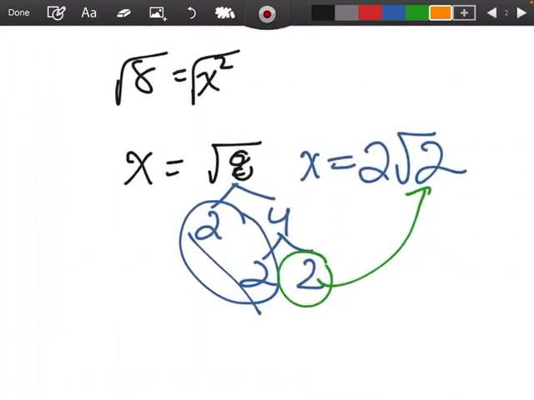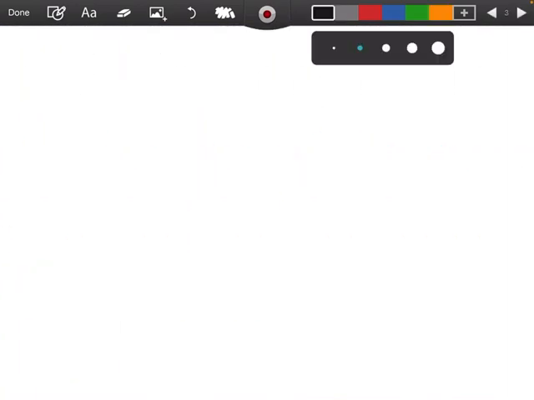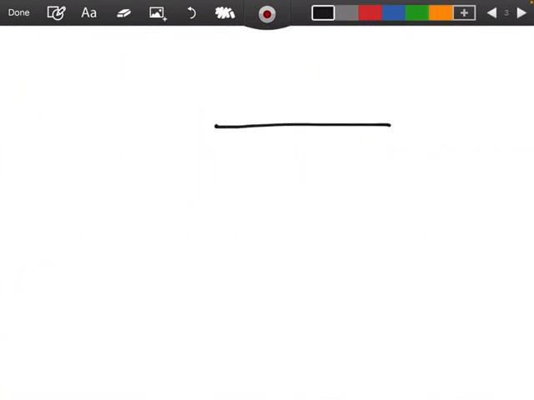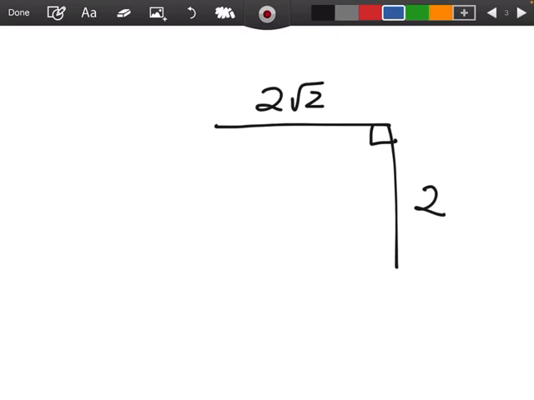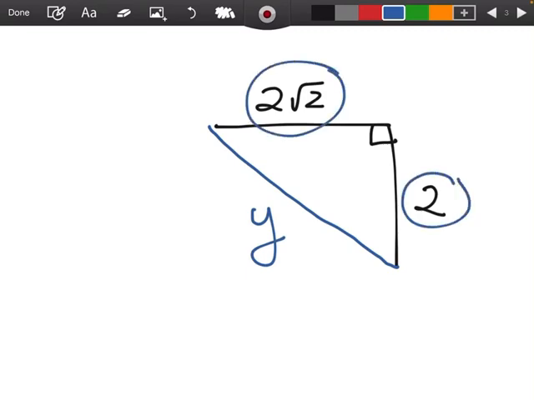If I come back over here, I want to think about what I have. I have a triangle where one side is 2 square root of 2. Here's my 90-degree angle, here's 2. And I'm looking at that diagonal that goes this way, and this is the side that we're calling y. So this squared plus this squared is equal to that squared.